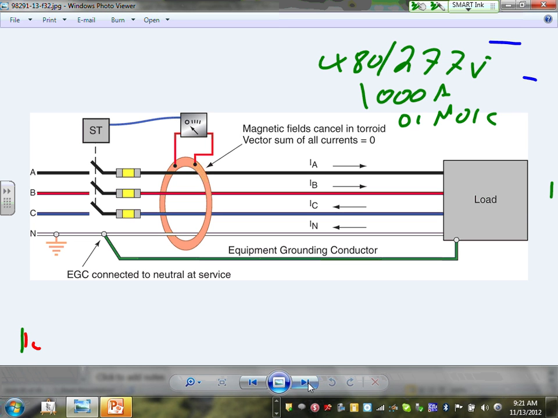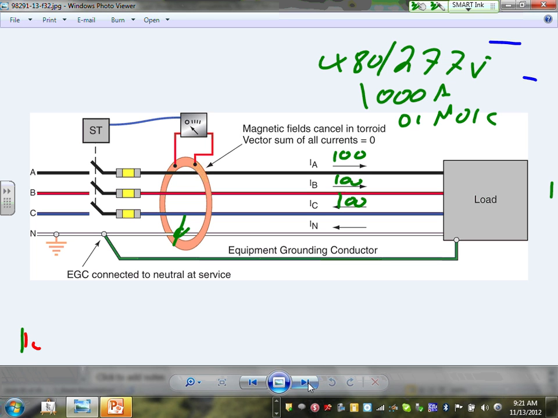Can you guys see how, the way the system goes, they look at the amps that are going in each one of them. So it's going 100 amp, 100 amp, and they're looking at the 100 amp. If you see any current, the difference between them, if that's carrying a 0, then it doesn't trip.